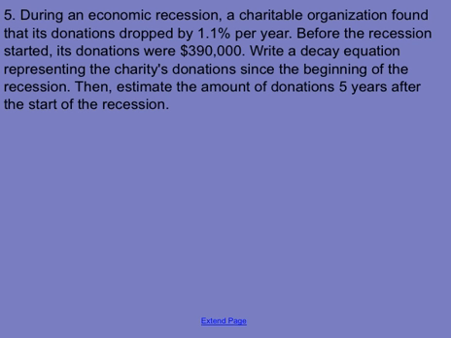During an economic recession, a charitable organization found that its donations dropped about 1.1% per year. Before the recession started, its donations were 390,000. The equation represents the change since the beginning of the recession, then estimate the amount of donations at 5 years.